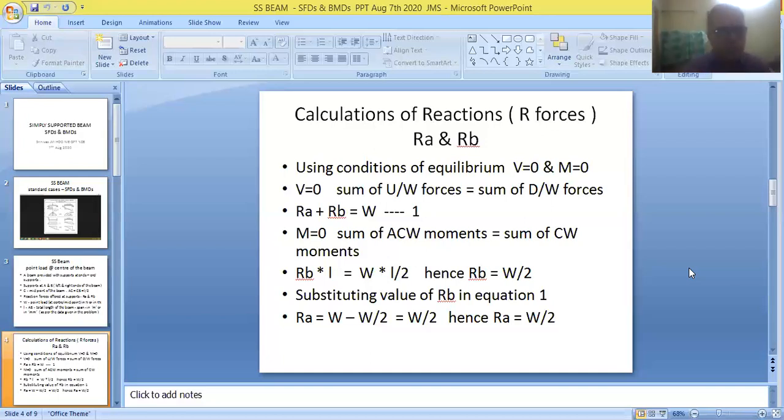We have to use these conditions and prepare two equations, and ultimately we will get the values of RA and RB. RB is obtained as W by 2 and RA is also obtained as W by 2. So friends, this is the importance of calculating reaction forces so far as a simply supported beam is concerned.